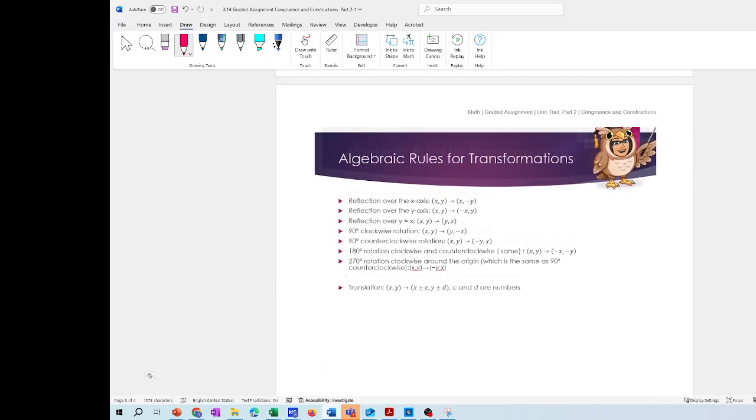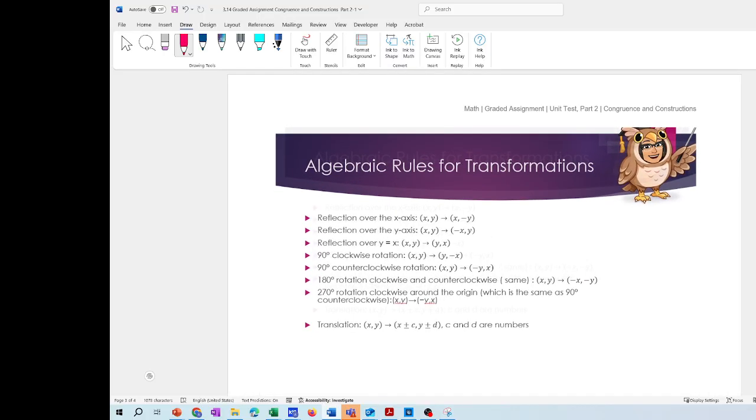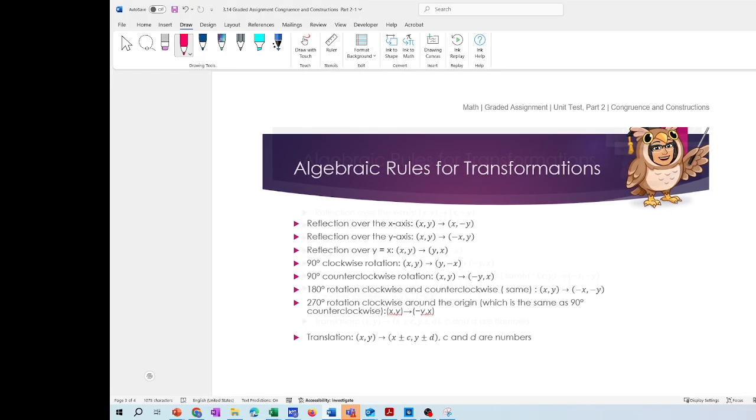Now, just by visualizing, you can conclude, or you can use the transformation rules that I shared with you, and we reviewed this in Unit 1. So here you have them, and you want to verify it through the coordinates. Remember, reflection over the x-axis, so it's when you reflect it this way, right? What happens? The y is the one that's going to change, either positive or negative.